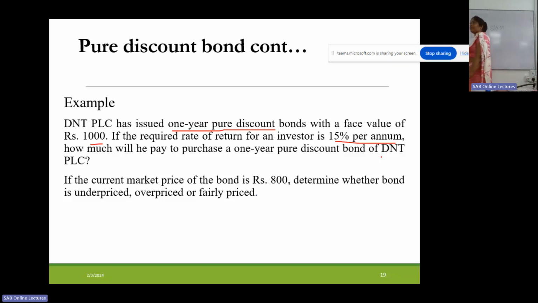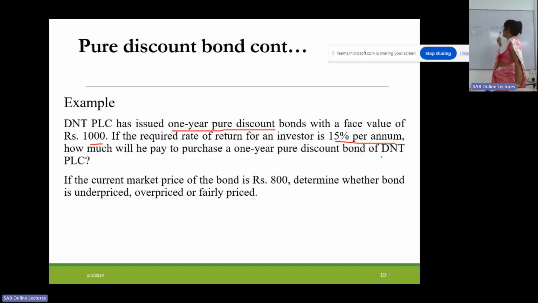This is the intrinsic value based on the expected cash flow. If the current market price is 800, you can buy at 800 in the marketplace. Determine whether the bond is underpriced, overpriced, or fairly priced. Is it fair pricing?